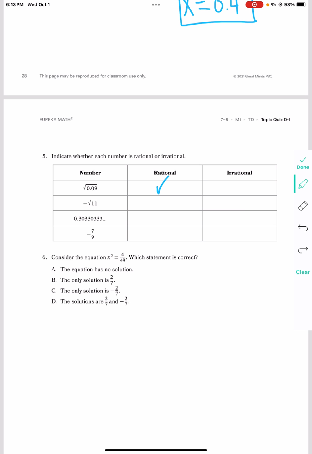Now, the thing that makes this easy is, just like I said earlier when we were looking at, I think it was number 1, when you have a number under the square root sign that is not a perfect square, you cannot get a whole number answer out of it. So there is a method you can go through, which we did in number 1, to figure out where it would be, like what the whole number would be.